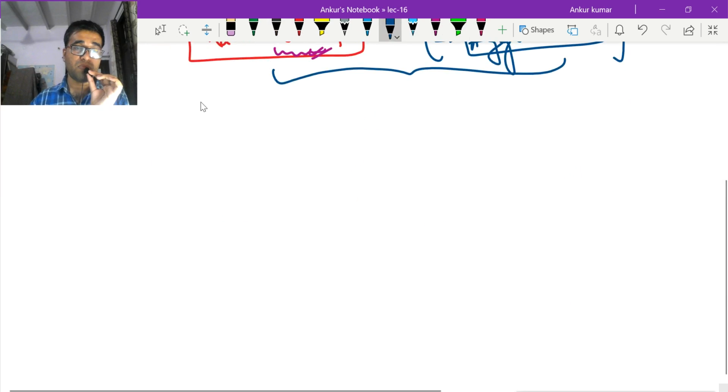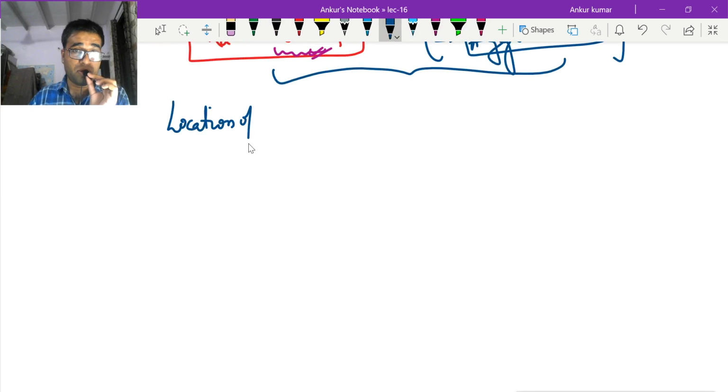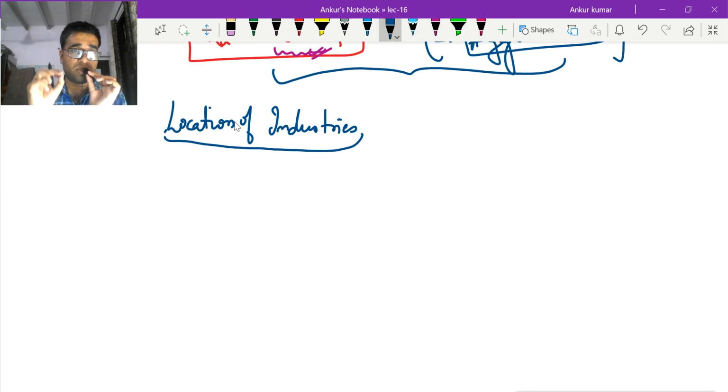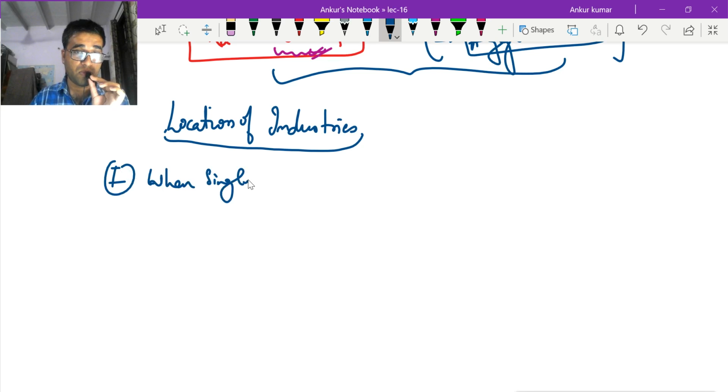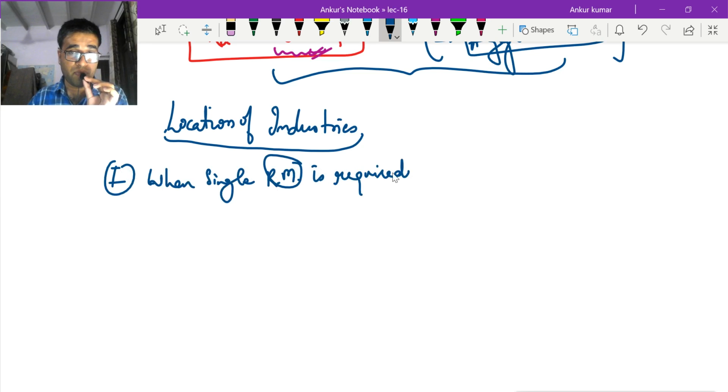Basically, first of all, let us discuss the location of industries as per the hypothesis of Weber. For example, if industry is based on one raw material, that means when a single raw material is required, right?